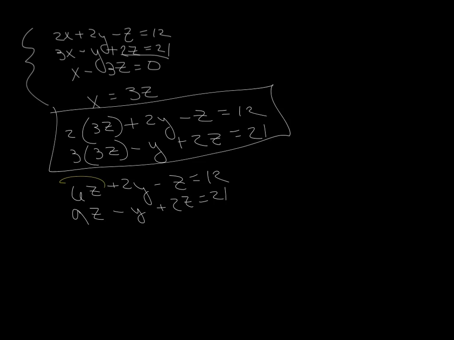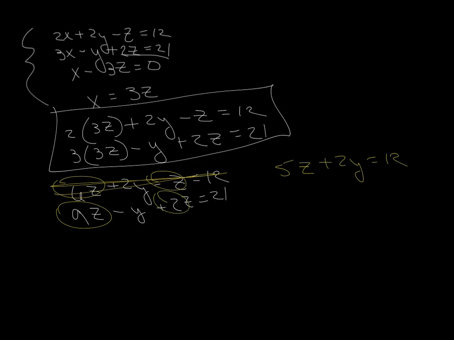And notice I have a z here and a z here, so I'm going to combine those. And I'm going to get 5z plus 2y equals 12. So that's that simplified. 9z and 2z is 11z. Okay, so there's my current problem right there.